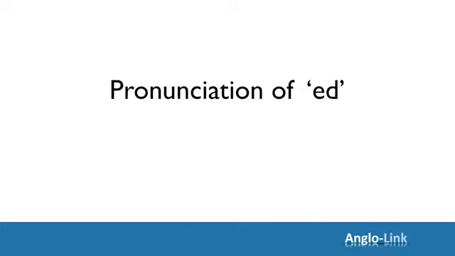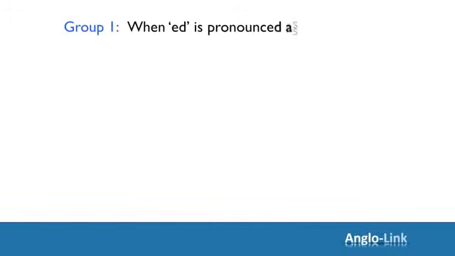Right, pronunciation of ed when you formulate the past simple tense or the past participle of a regular verb. There are three groups. Group 1 is when ed is pronounced as t.